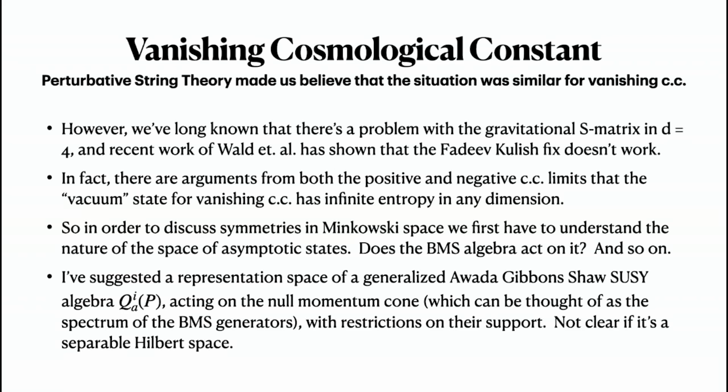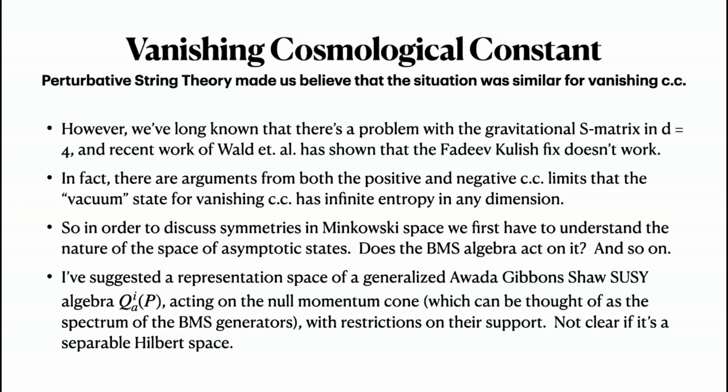So I think the question of asymptotic symmetries in Minkowski space has to be preceded, if we want to answer it non-perturbatively, by the question of what is the space of asymptotic states in Minkowski space, and questions like, does the Bondi-Metzner-Sachs algebra act on that, or what algebra does act on it?